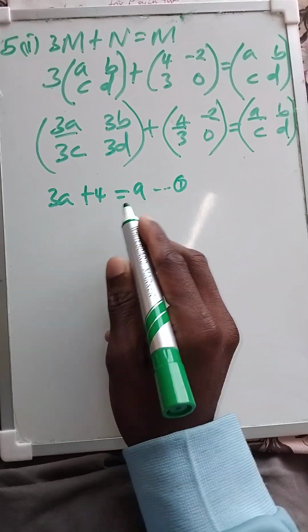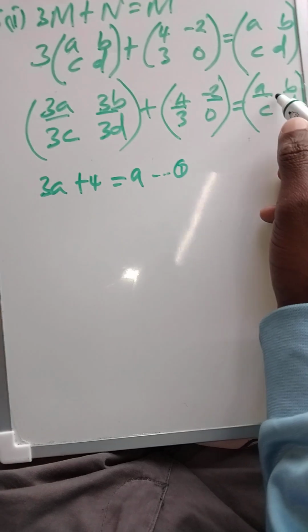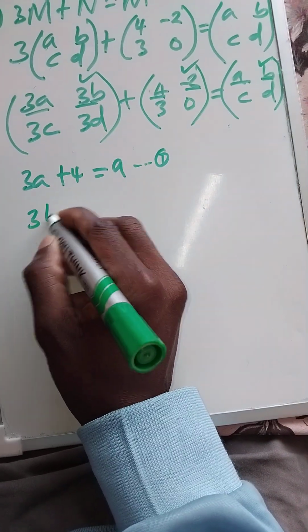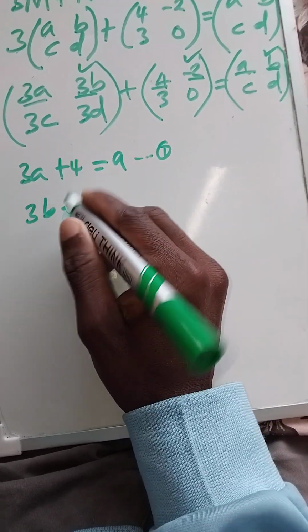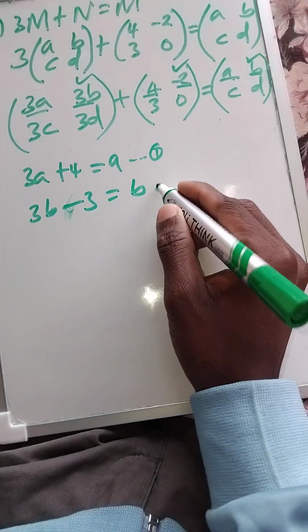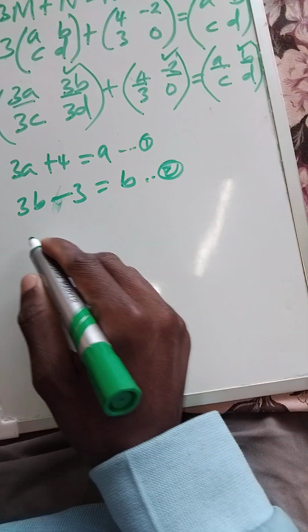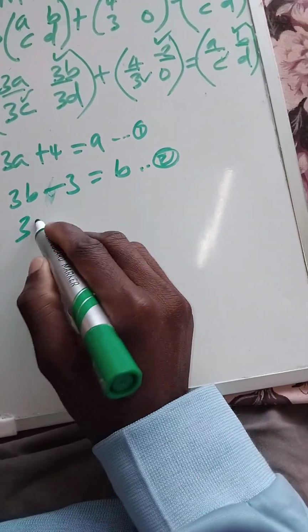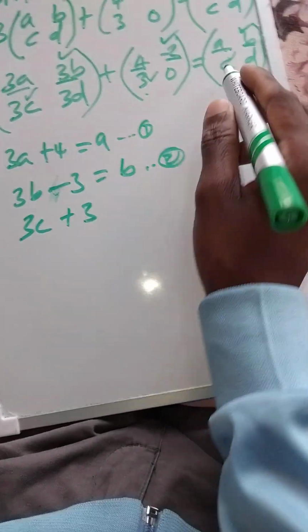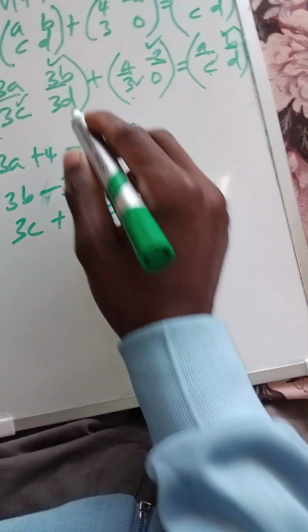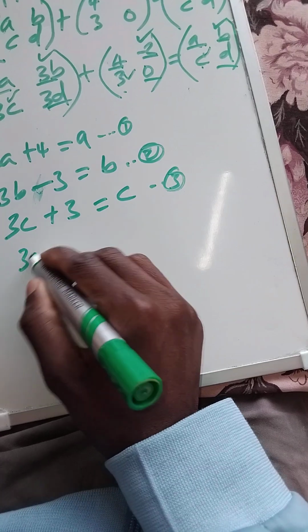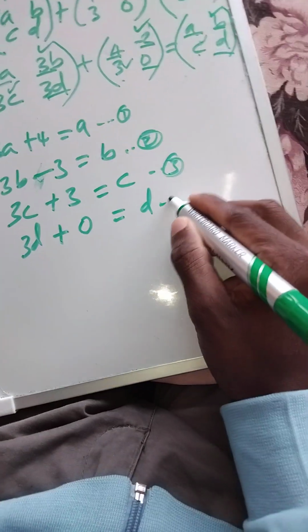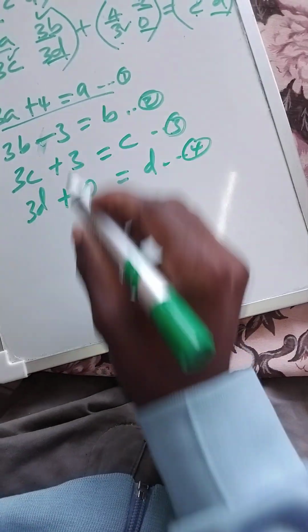Then 3b plus negative 2 is equal to b. Then 3c plus 3 is equal to c. Then 3d plus 0 is equal to d.